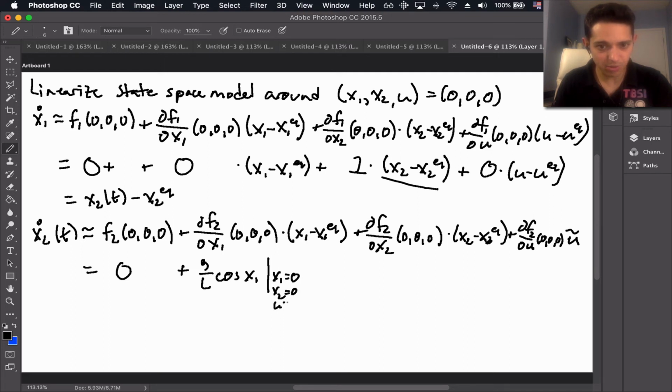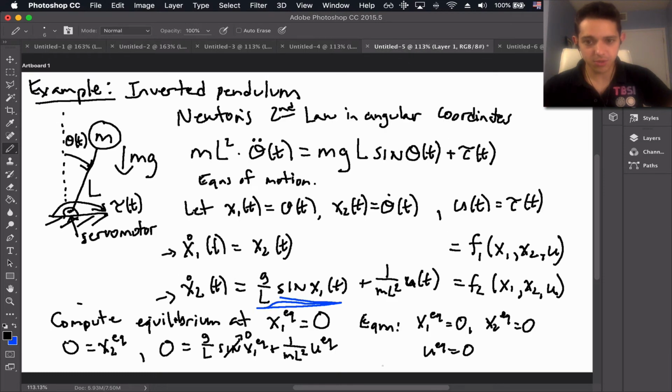And just to be formal and complete, all these variables are evaluated at 0. Okay, very good. Now we have f2 with respect to x2.